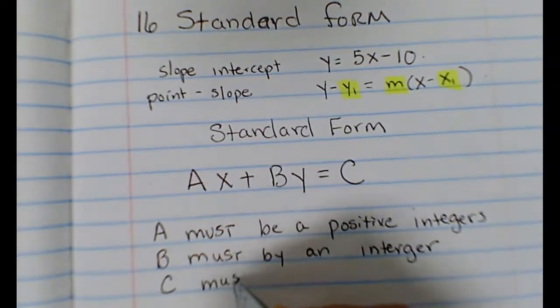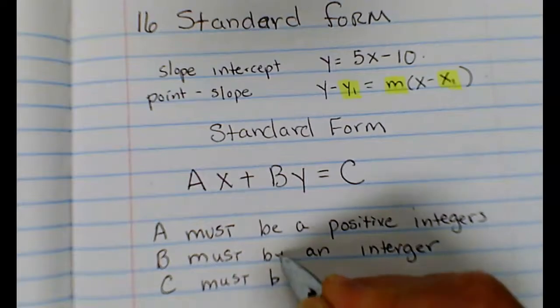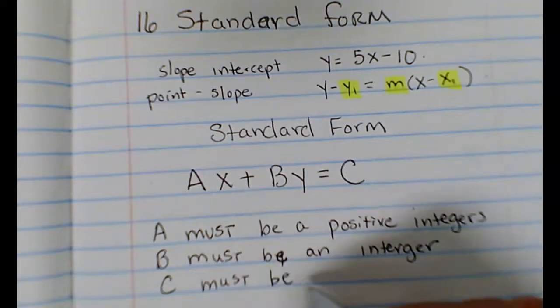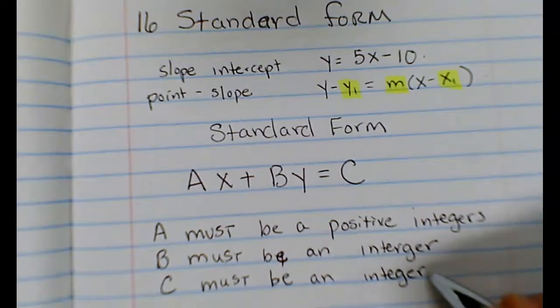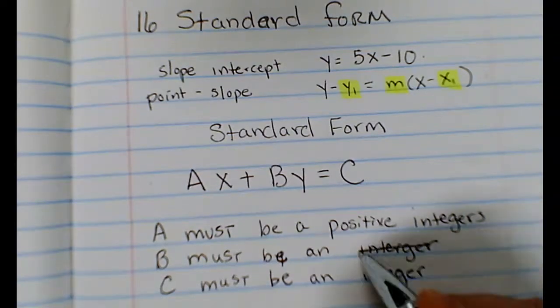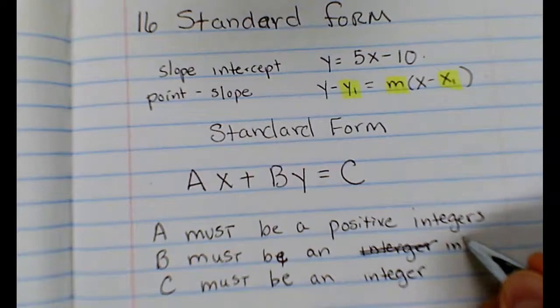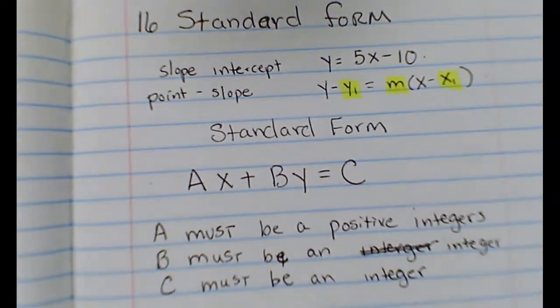C must, that should have said B, be, I can't spell today. I can't spell any day, but it's worse today. A, B, and C have to be integers. A has to be a positive integer. They have to be whole numbers. You should like this.